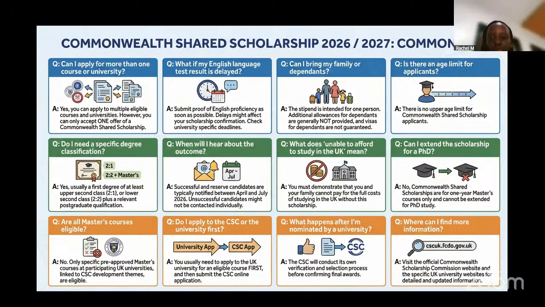But if you receive the Commonwealth Shared Scholarship, because you are funded by the government, there's an exception for you, but you have to bear all the other costs of your partner coming to the UK with you. But you can bring your dependent, your family with you if you receive the Commonwealth Shared Scholarship, even though self-funded students are banned if they are doing taught masters, they cannot bring their dependents.